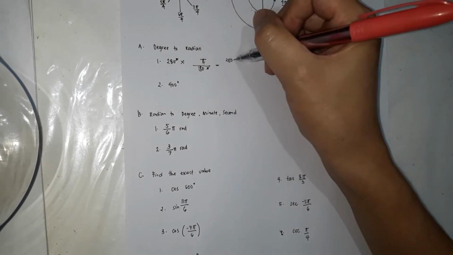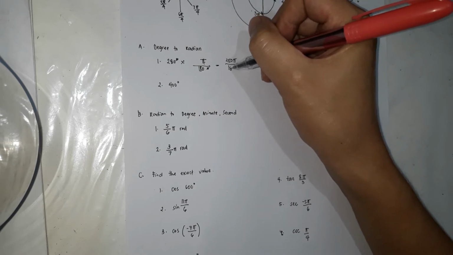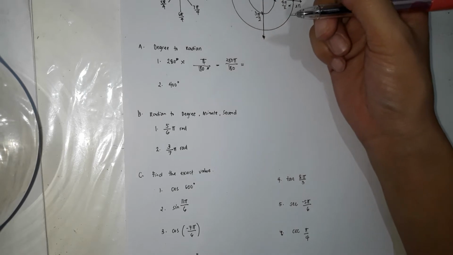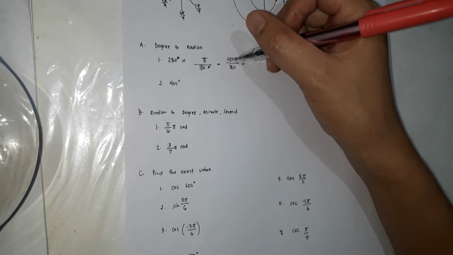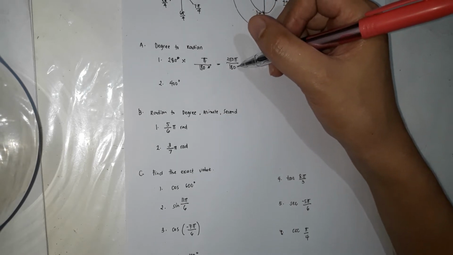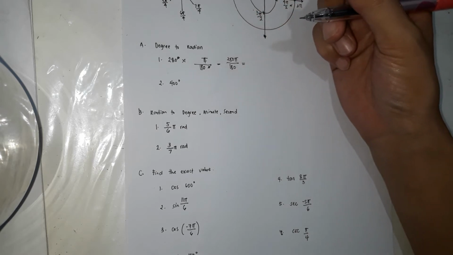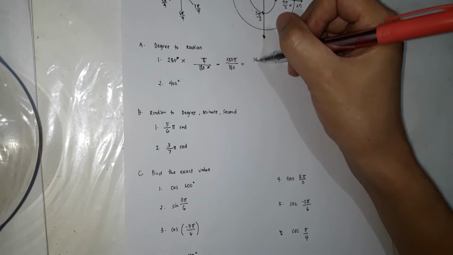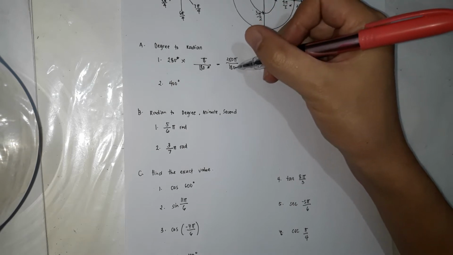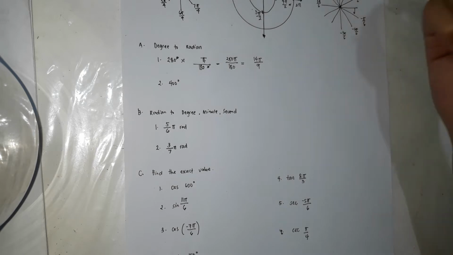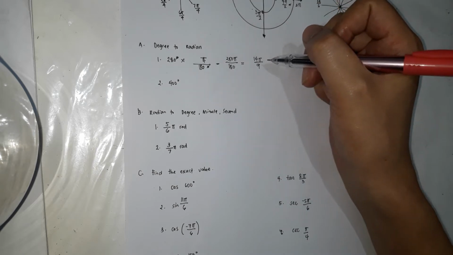280 times pi is 280 pi over 180, or in lowest terms, what is the biggest number that you could divide 280 and 180 by? That's 20. So 14 pi over 9. Am I right? So 14 pi over 9.